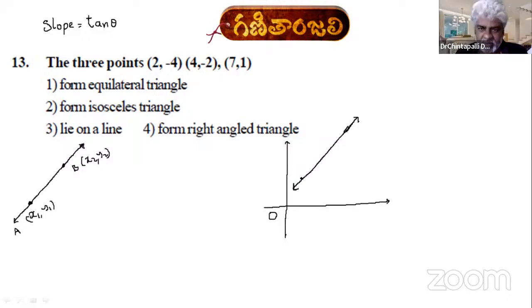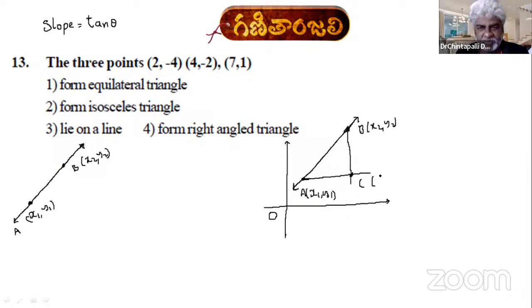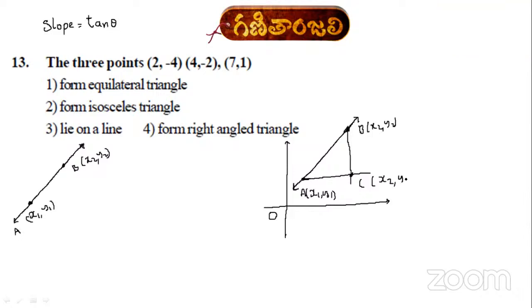If this point is A (x1, y1) and B is (x2, y2), now imagine a horizontal line through this point and draw a vertical line through this point. It is point C, first x2, y1.